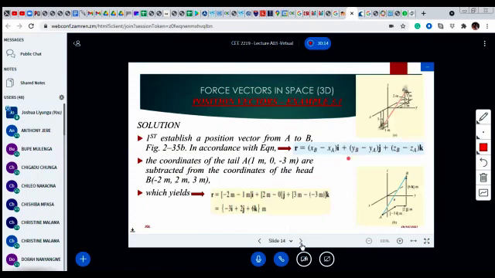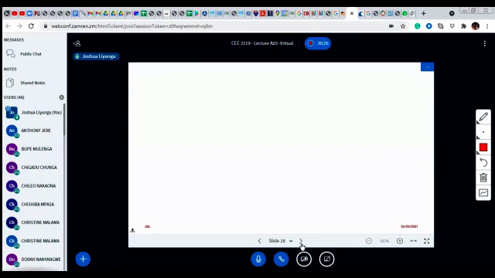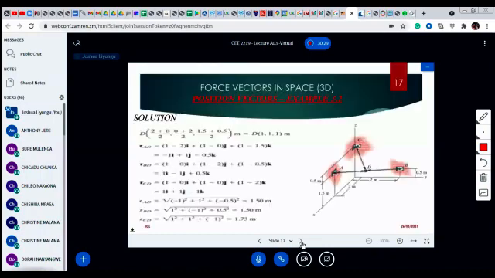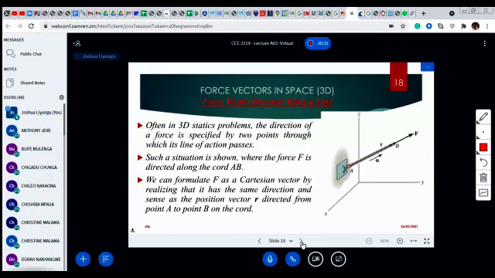This one is the same principle. Force vector directed along a line. I explained about this.